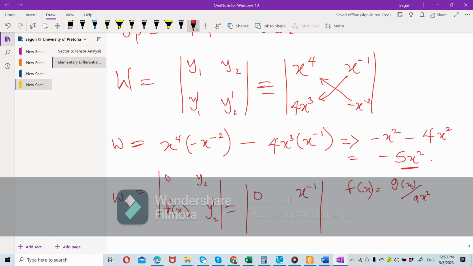So what I'm saying invariably is the same thing as 1 all over x divided by x squared, which is the same thing as s raised to the power minus 3. Do you agree with me? Yes, sir. Thank you. So we have s raised to the power minus 3.